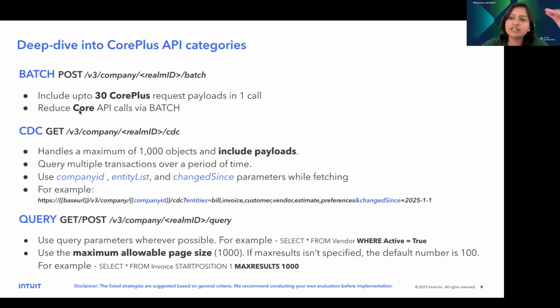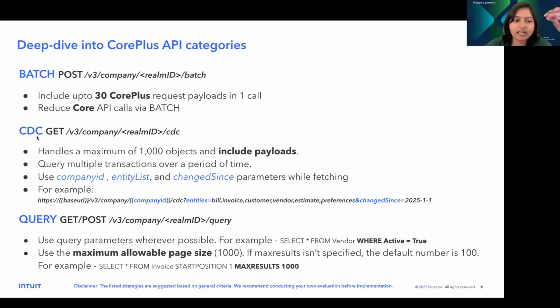What I mean to say is, instead of using batch for create operations, you can actually use the batch for read operations. And within a batch, if you have slots available, you can maybe have the create operations in there, or you can do create operations separately out of the batch. So try to utilize batch as much as possible for the CorePlus or read API requests.